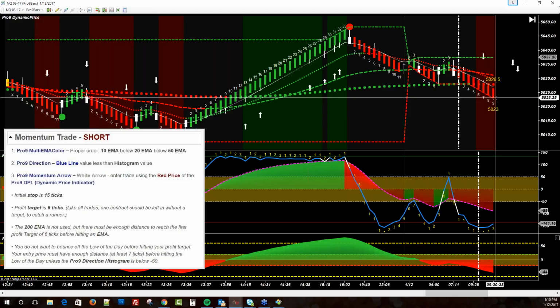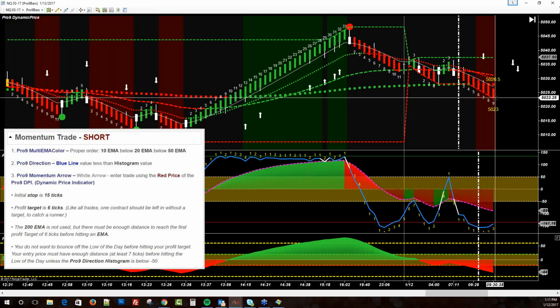Now with the momentums, several things can happen. If the trend is strong and the price is just consistently moving down, you'll often adjust your stop to break even, and then it'll continue to move, and eventually we can widen it.